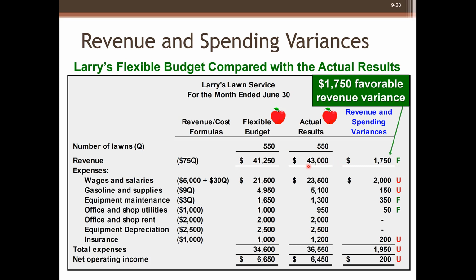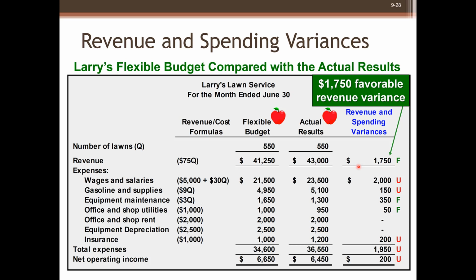Let's take a look at the revenue variance. Actual revenue is greater than the budgeted amount, which would be expected for 550 lawns mowed. So it's favorable. This could happen for a number of reasons, including increase in the amount charged for each lawn or change in lawn services.